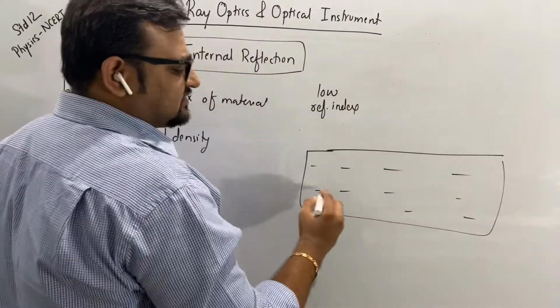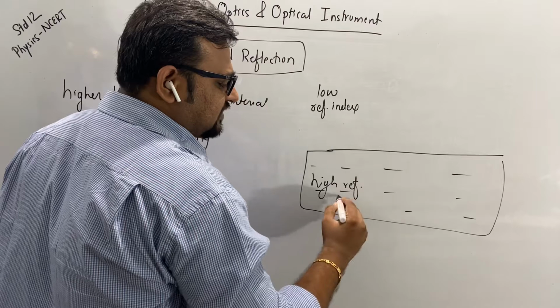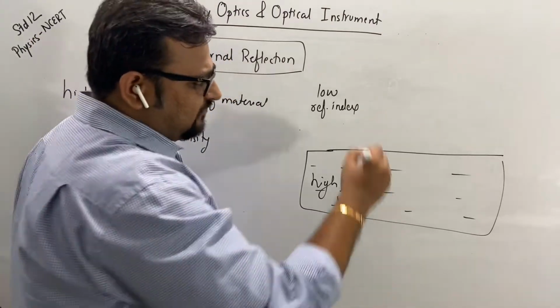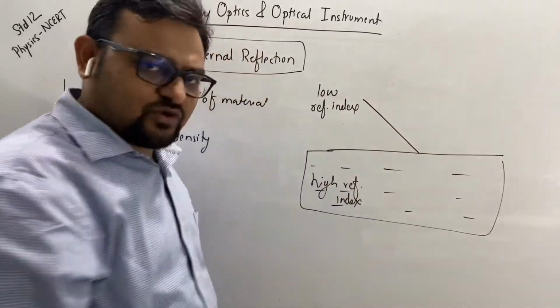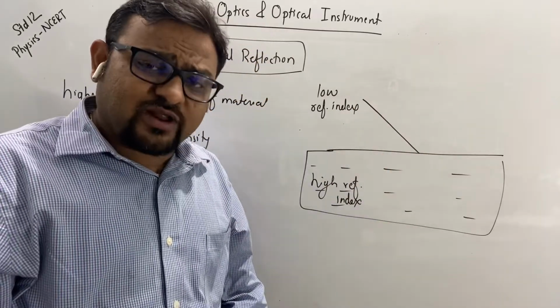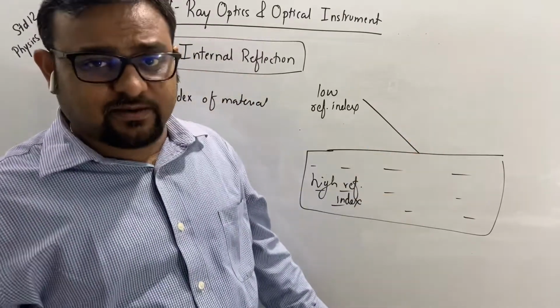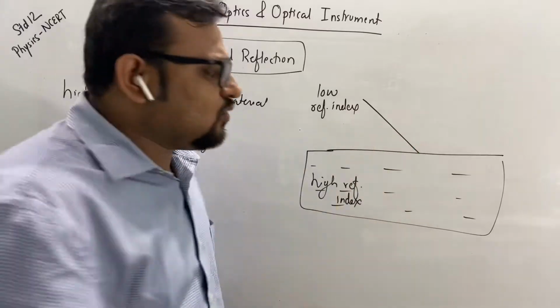This is air, this is water, that is high refractive index. So when a ray of light passes from one medium to another, air to water or water to air, what will happen?